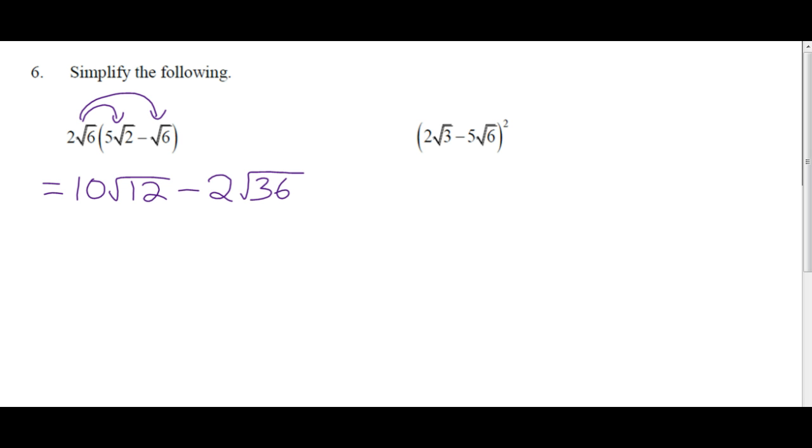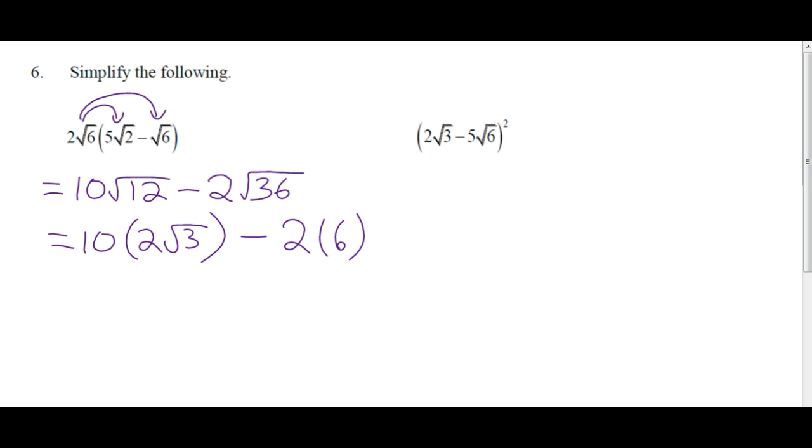Okay. It's okay. You can write that out. Can you just do 2 root 6? What's root 12? 2 root 3.